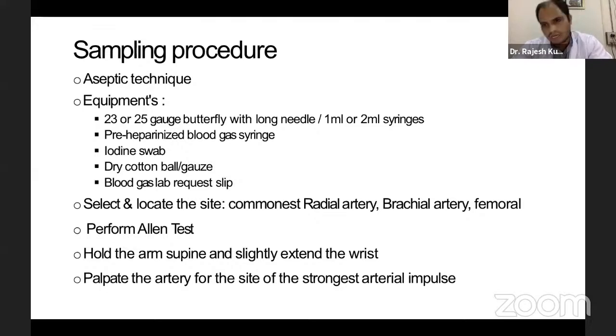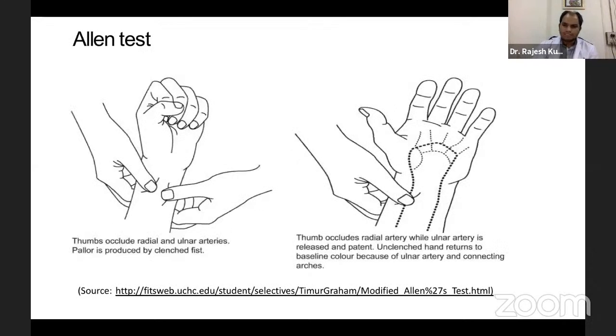Allen's test will be described in detail later, but basically it is performed just to see the collaterals of both your ulnar and radial artery. Okay, that is the basic idea behind it. Hold the arm supine, slightly extend the wrist, and palpate the artery for the strongest arterial impulse. See, this picture shows how you will perform an Allen's test to see your collaterals.